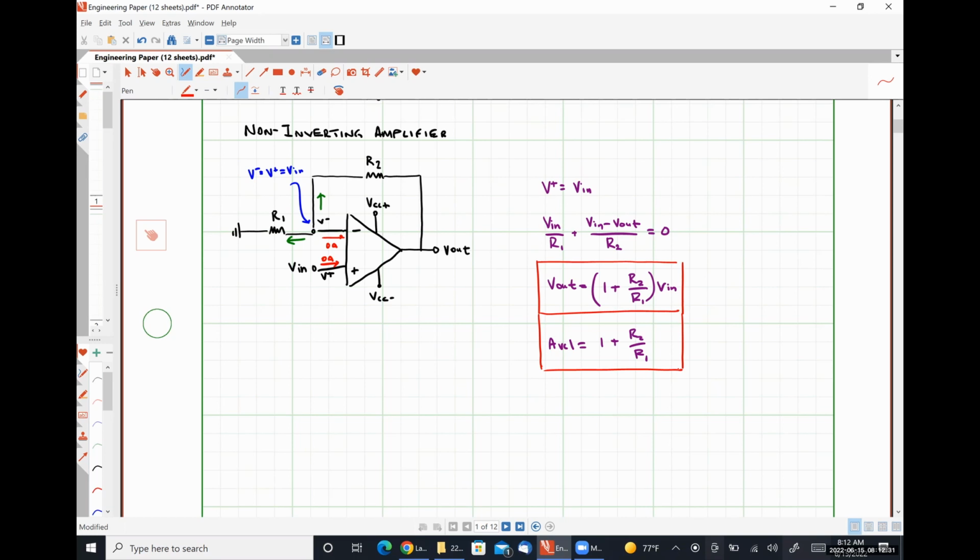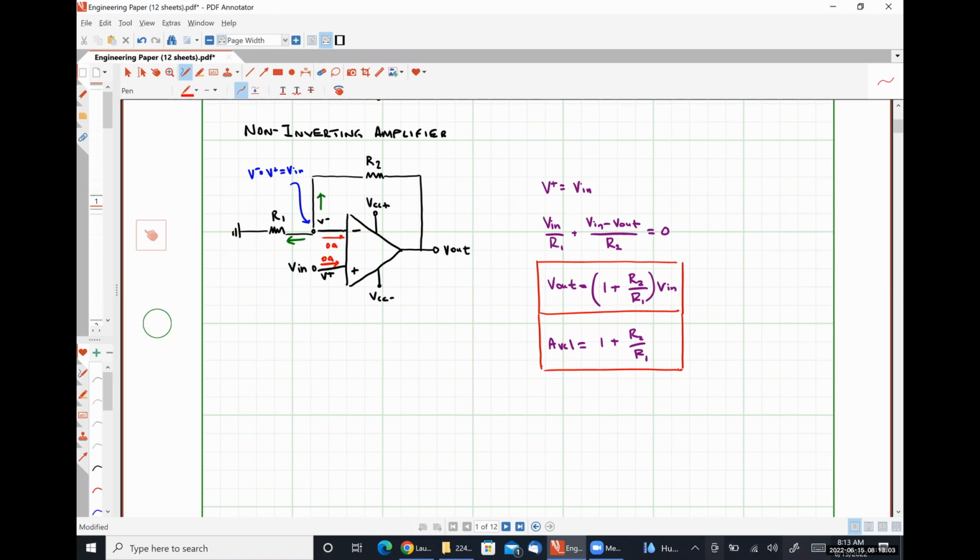If R2 were a short circuit and R1 were an open circuit, this would be a unity gain buffer. So a unity gain buffer is actually a specialized version of the non-inverting amplifier that is designed to provide exactly a gain of 1, okay? We'll find that non-inverting amplifiers are one of the most commonly used op-amp circuits for practical purposes.